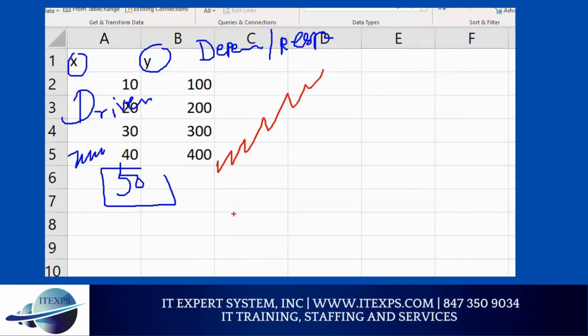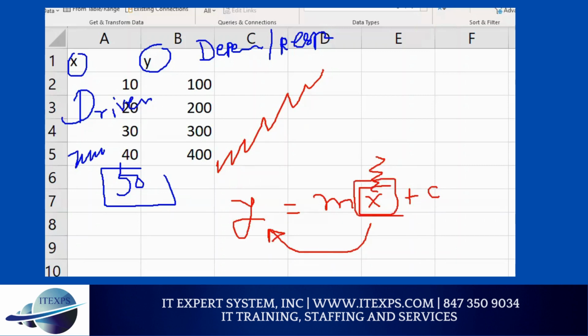So if I write a formula this way, y equals mx plus c, it means if I change x, I'm changing y. I know x, and I want to find out the value of y. So if I want to find out the value of y, then that becomes dependent. That becomes the response variable.